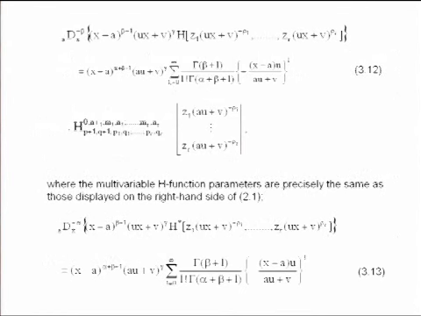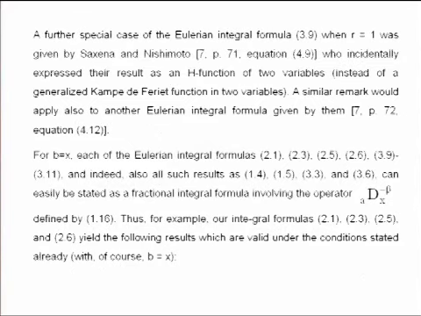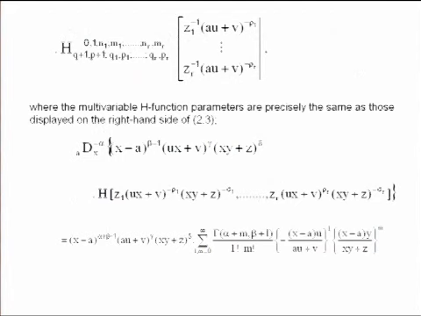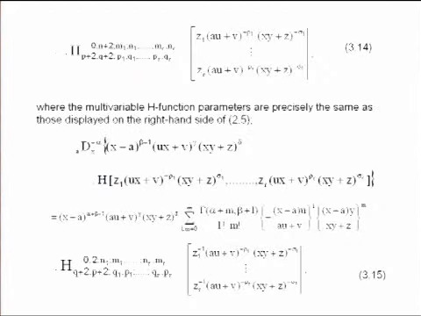We also use the difference integral formula. With the help of this, we can derive 3.12 and 3.13, and these are the conditions for the multiple H function, and these are my results.